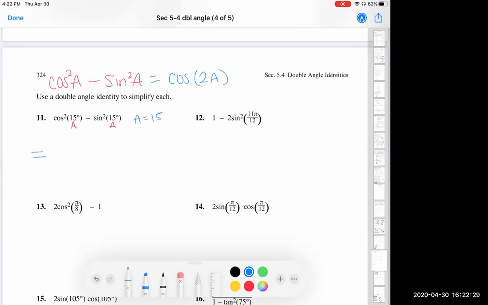So this is going to equal cosine of 2 times 15. 2 times 15 is 30. So cosine at 30 is 1/2. Is it? Did I guess right? No. Cosine at 30 is radical 3 over 2. So my answer is radical 3 over 2.